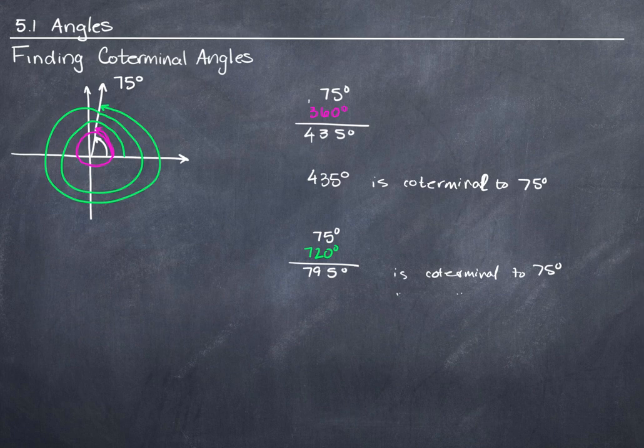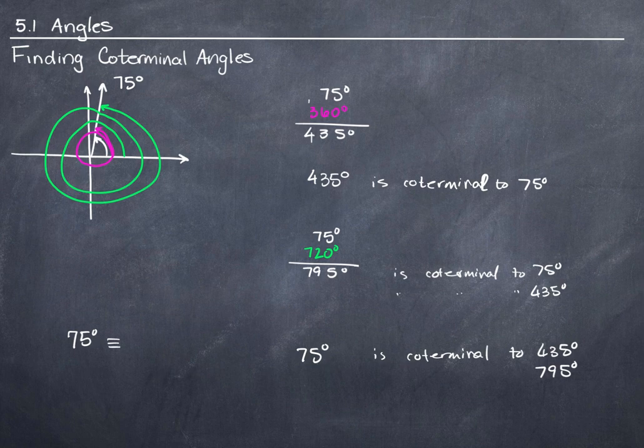And it is coterminal to 435 degrees. It doesn't matter which order you do this in. What we're saying is that 75 degrees is equivalent, and for that I'm going to use a three-part equal sign, that's what that means, is equivalent to 435 degrees, and that is in turn equivalent to 795 degrees.